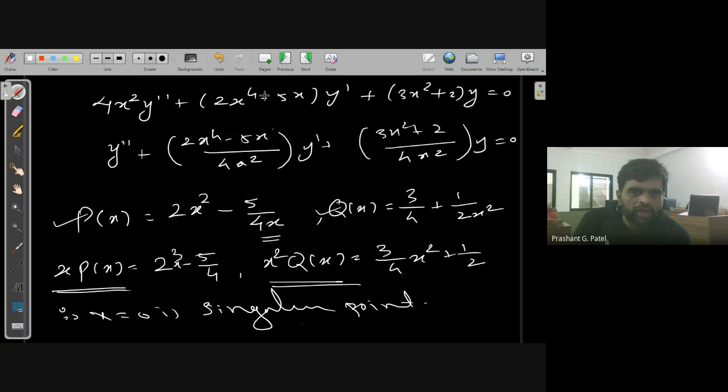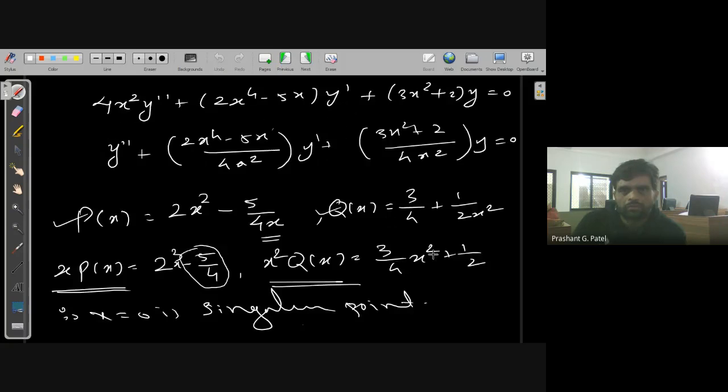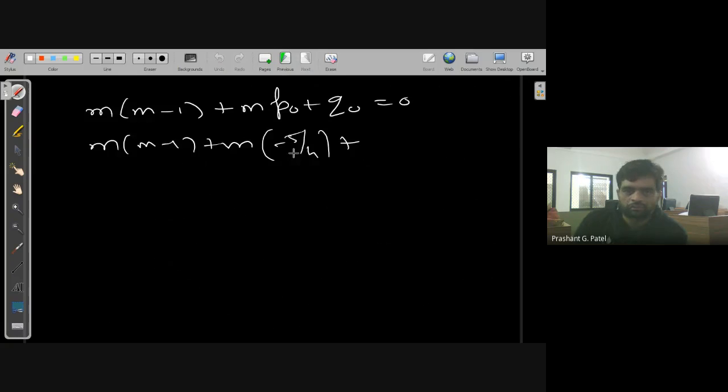You have understood that P0 is the constant term in the series of x into P of x. The constant term is minus 5 by 4. So it is minus 5 by 4 plus Q0, the constant term in the series of x square Q of x, which is 1 by 2, equal to 0.